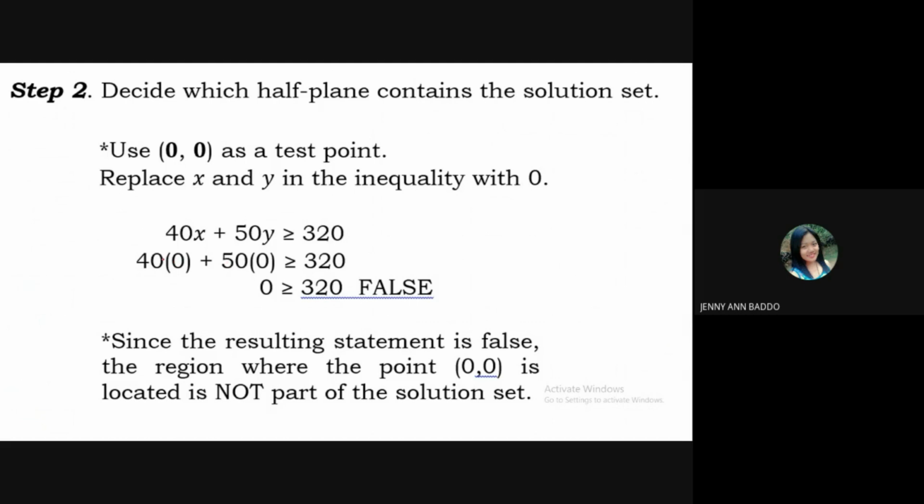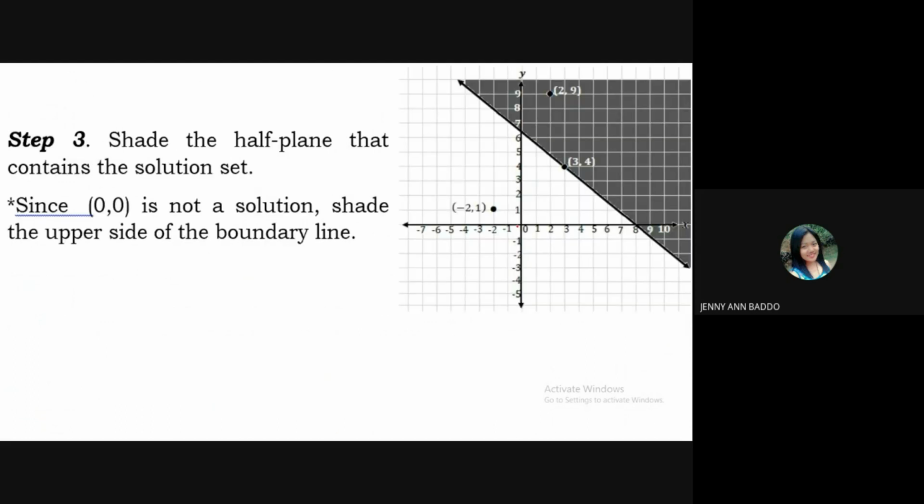So when we substitute 0 for x and y, we now have 0 is greater than or equal to 320, and that is false. Since the resulting statement is false, that means the region where the point (0, 0) is located is not a part of the solution set. (0, 0) is here.